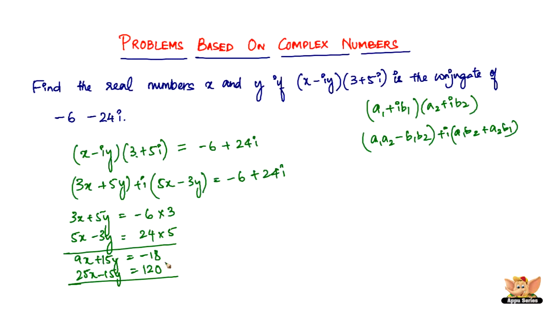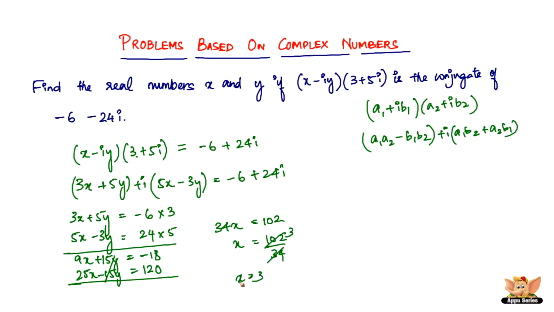So solving this, the y terms cancel. So 9x plus 25x gives you 34x, and 120 minus 18 gives you 102. 34x equals 102. So x equals 102 divided by 34, which is 3.